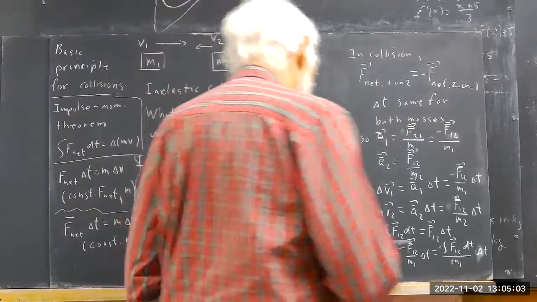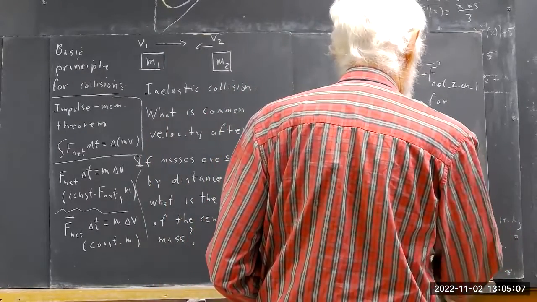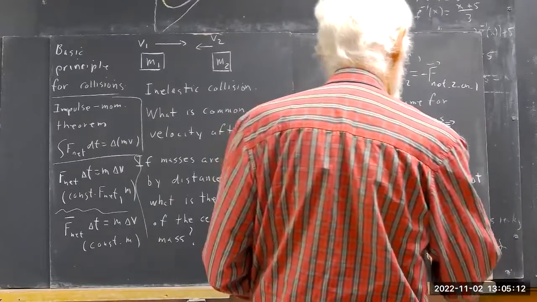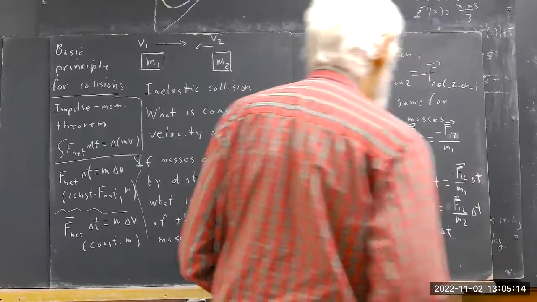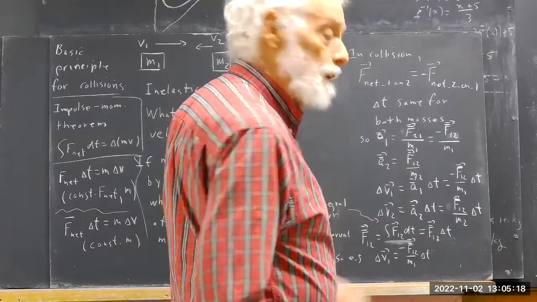And I didn't quite write that correctly, since I was erasing. Okay, F12 bar is this integral divided by delta T, right?